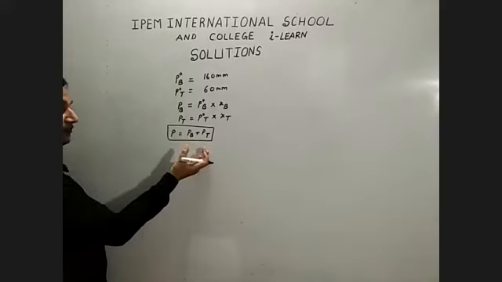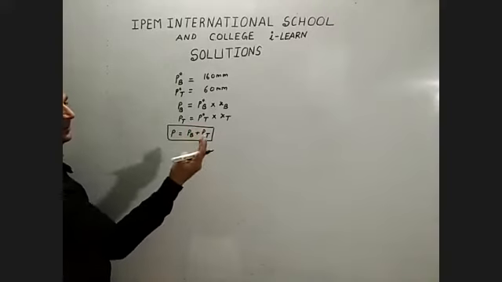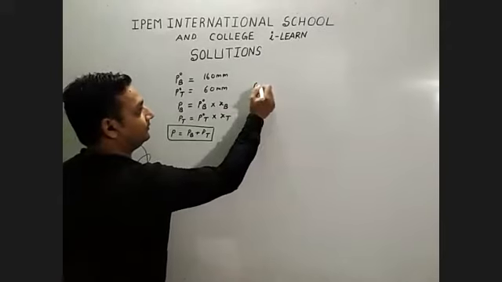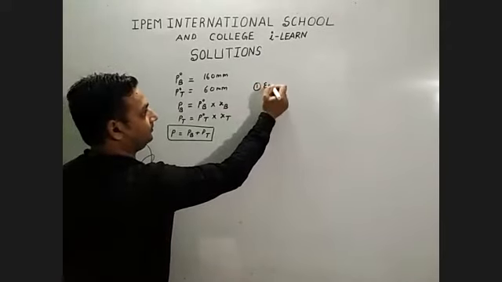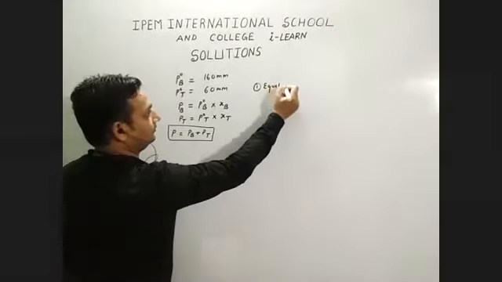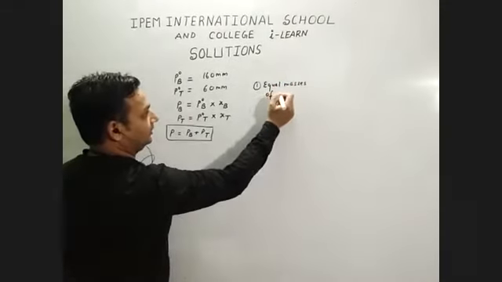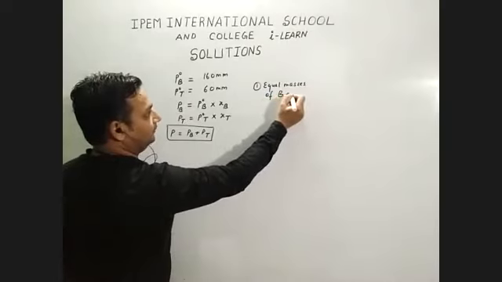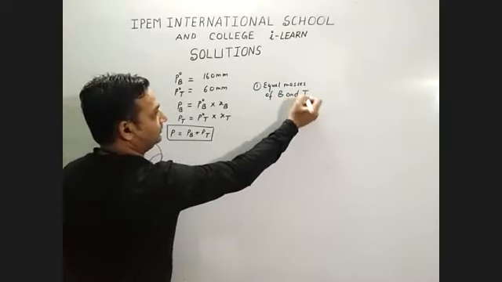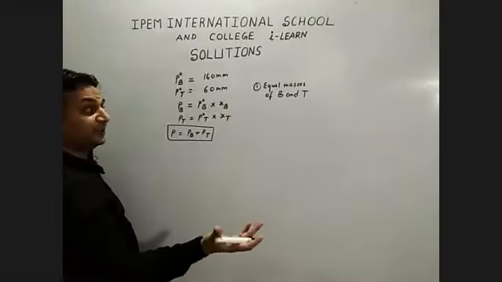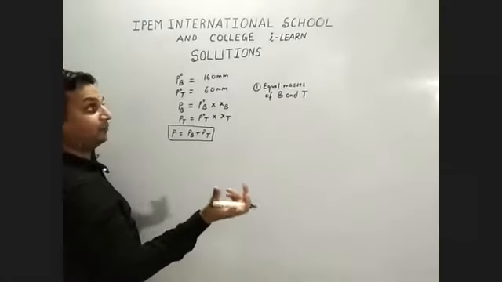They have given three conditions. The first one, they have given equal masses of benzene and toluene. For equal masses, we have just now calculated the mole fractions for benzene and toluene.